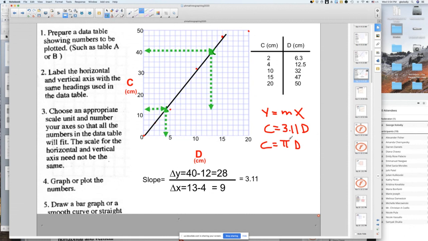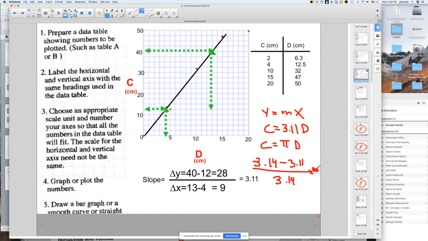There's a percent error. Percent error is calculated by finding the difference between the two numbers, what you're supposed to get minus what you got, divided by what you were supposed to get, and basically multiplying by 100 to change this from decimal to percent.